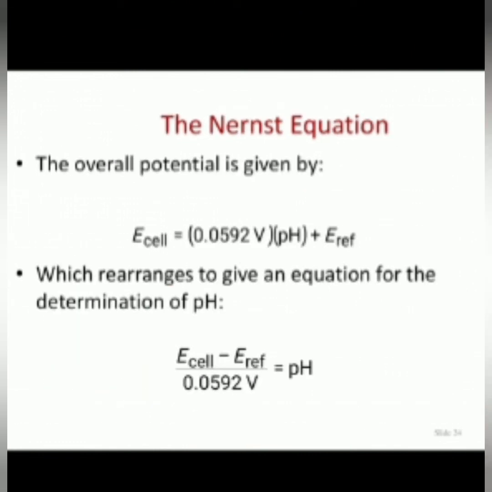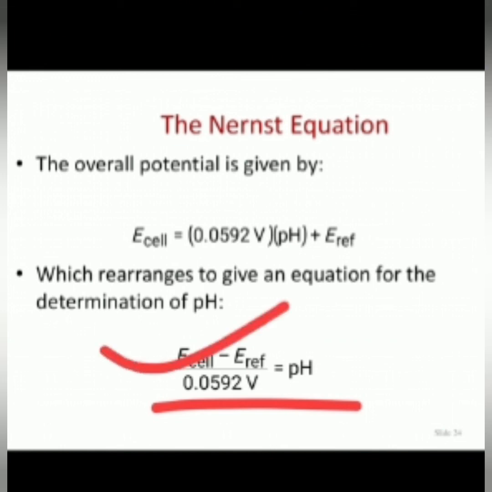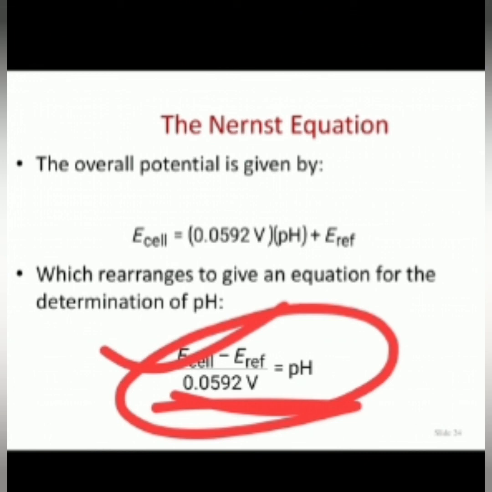In the Nernst equation, the overall potential is given by E cell equals 0.0592 volt pH plus E reference, which rearranges to give an equation for the determination of pH. So E cell minus E reference upon 0.0592 volt equals pH. Hence, from this relation we can easily find the pH.